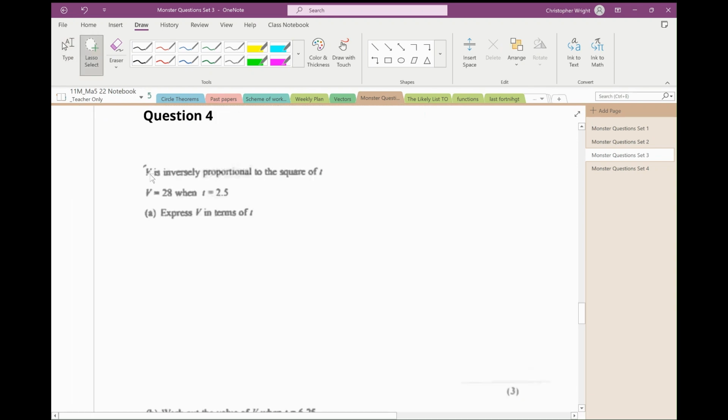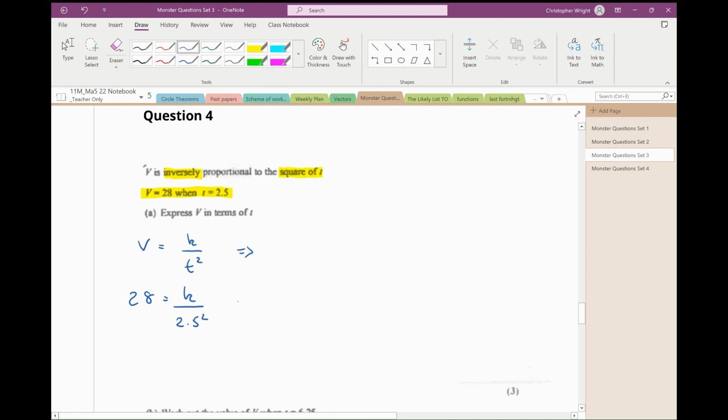Question 4. V is inversely proportional to the square of t. So that means that V is k over t squared. Express V in terms of t. Oh no, wait a minute. V is 28 when t equals 2.5. So I can substitute those values in. So 28 equals k over 2.5 squared.